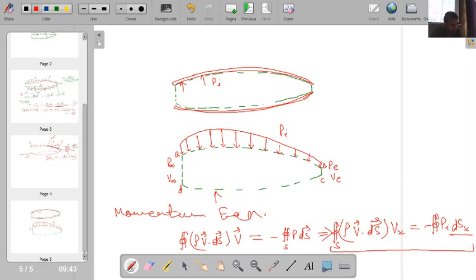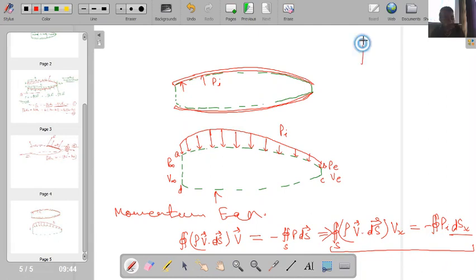Now let's try to work out this particular equation. If you see this closed surface integral, how many surfaces does this control volume have? One is A to B, then B to C, C to D, and A to D. So this control volume has 4 surfaces.